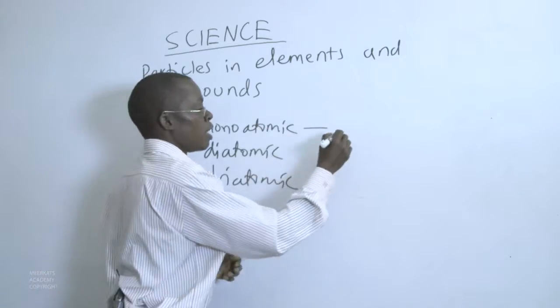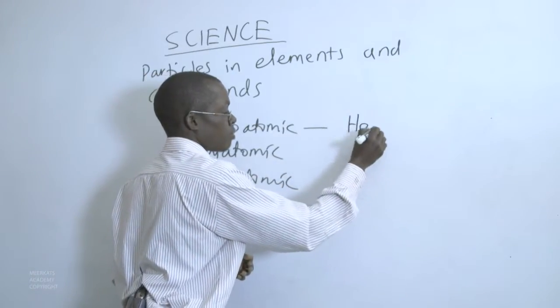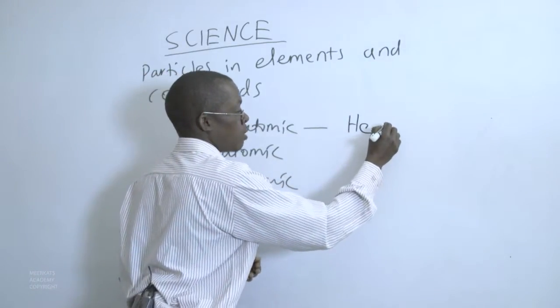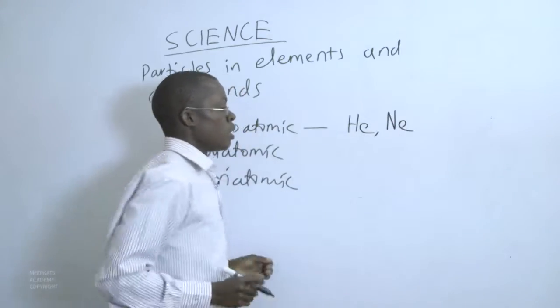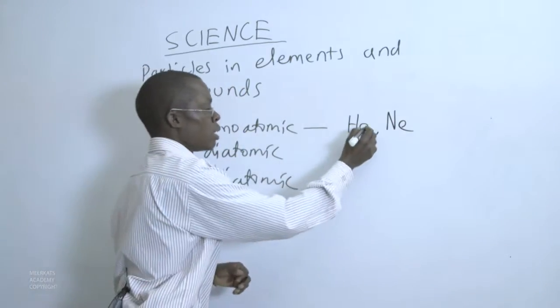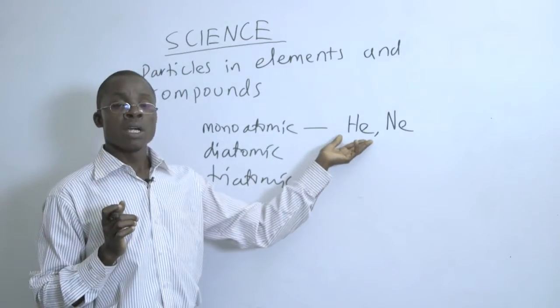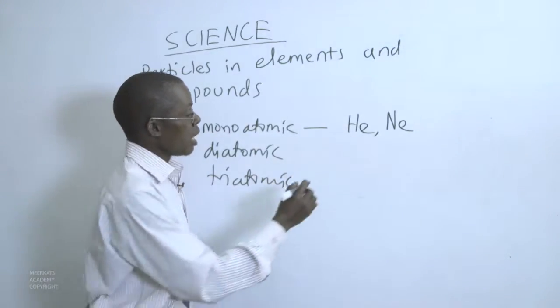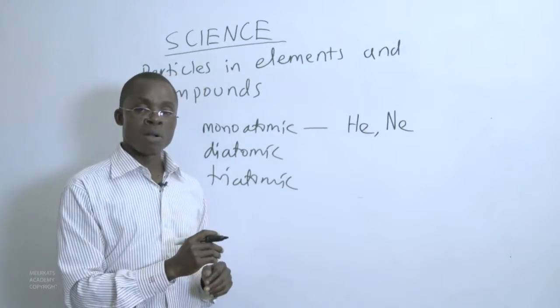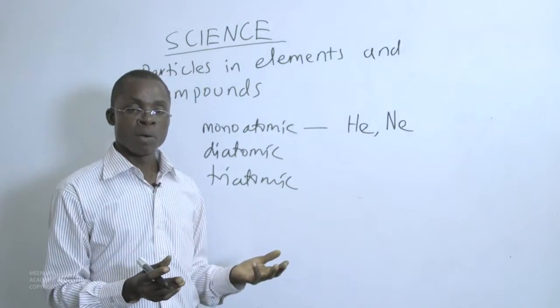For example, helium, neon. Looking at these two gases, you will never see any other number apart from 1 written anywhere. Why?